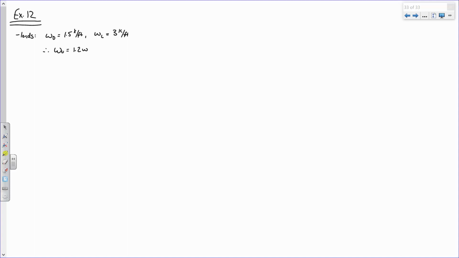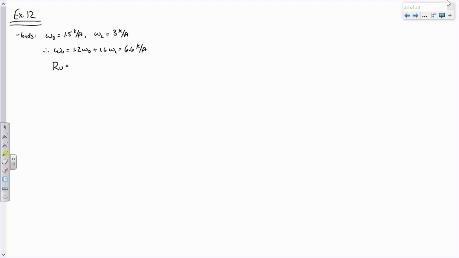It's 1.2 times the dead plus 1.6 times the live, and that's what? 6.6 kips per foot.